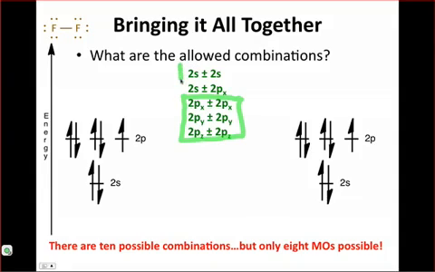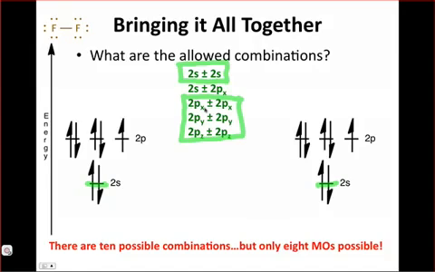Similarly, the 2s with itself will be a favorable combination because those 2 orbitals being equal in energy will lead to a large stabilization of the bonding orbital. The anti-bonding orbital that results is highly destabilized, but since we probably won't fill that orbital with electrons, we don't have to worry about that combination.